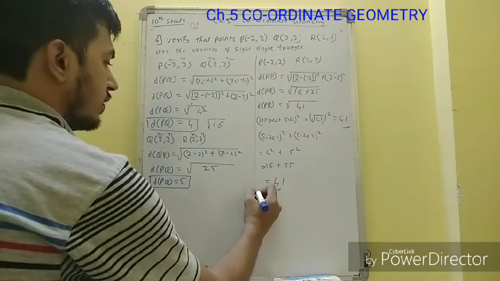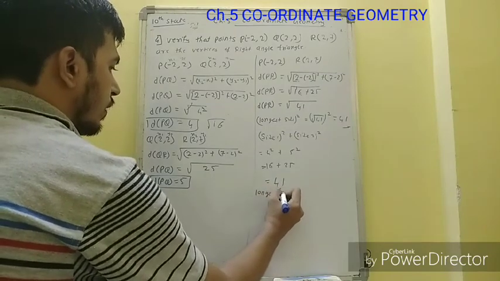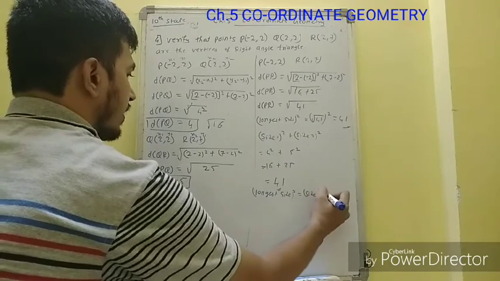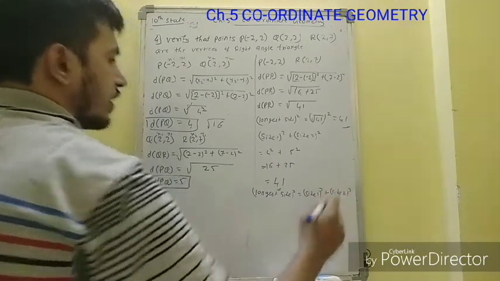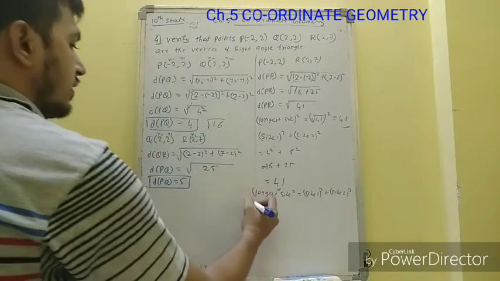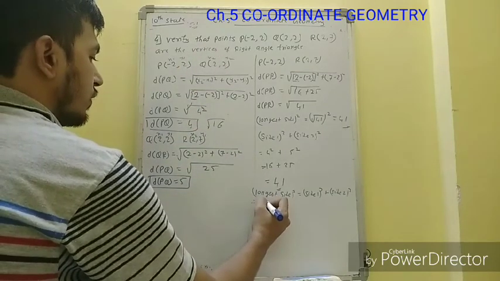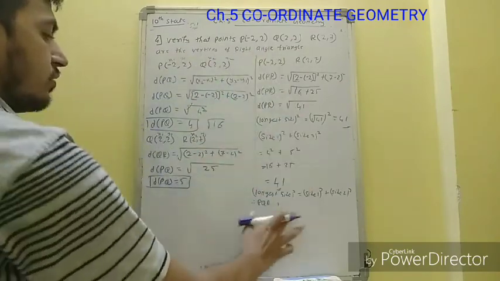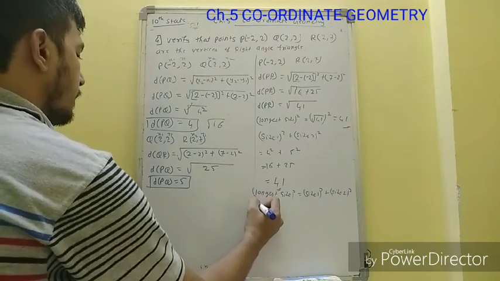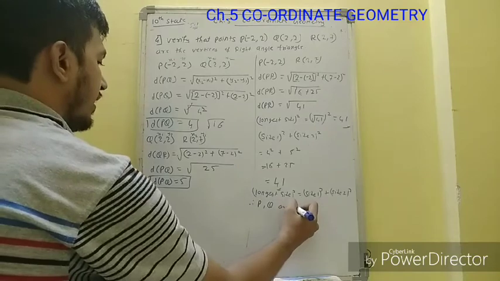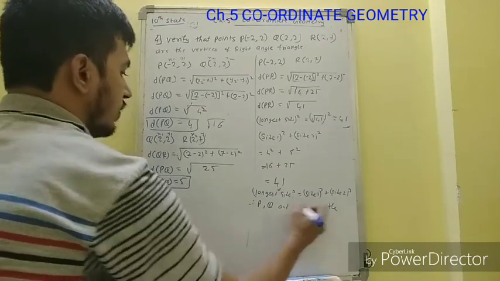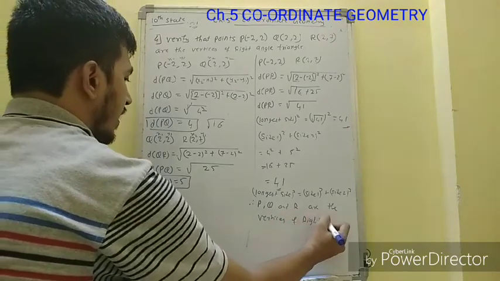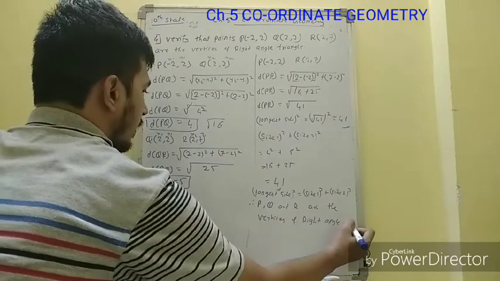Therefore, we can say that longest side squared is equal to side 1 squared plus side 2 squared. Therefore, P, Q, R are the vertices of a right angled triangle.